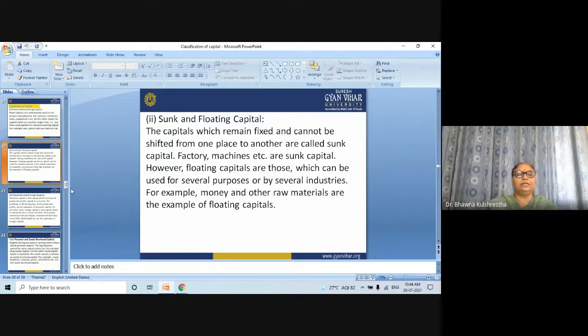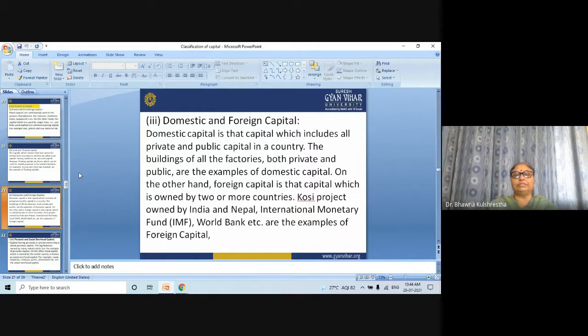And the next is domestic and foreign capital. Domestic capital is that capital which includes all private and public capital in a country. The buildings of all the factories, both private and public, are examples of domestic capital.